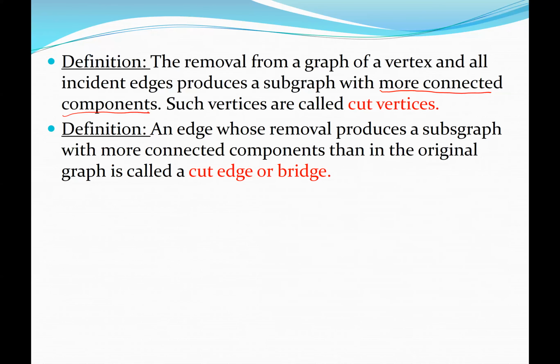It's the same thing, but now we don't remove a vertex, we just remove an edge to produce a subgraph with more connected components than the original one. We call that a cut edge or a bridge. So when you remove a vertex, you also remove every edge incident with it. But when you remove an edge, you don't remove a vertex. That's the difference.